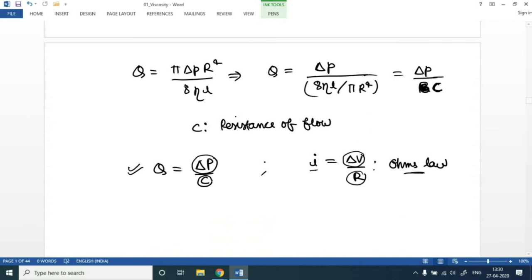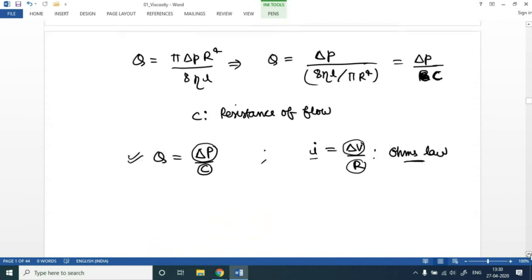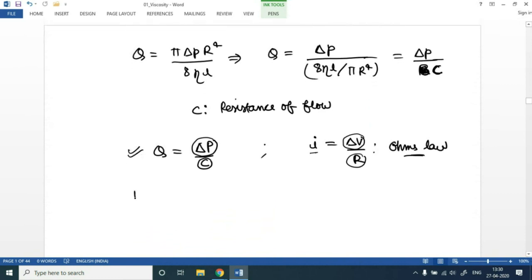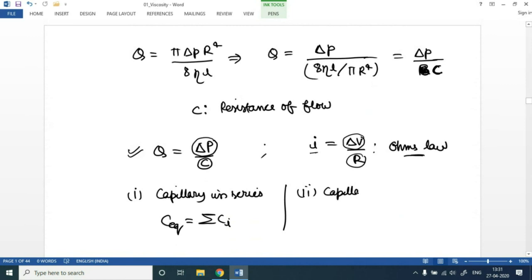In comparison to Ohm's law, if we have capillaries in series, then C equivalent is the summation of Ci, and secondly, if we have capillaries in parallel, then 1 by C equivalent would be the summation of 1 by Ci.